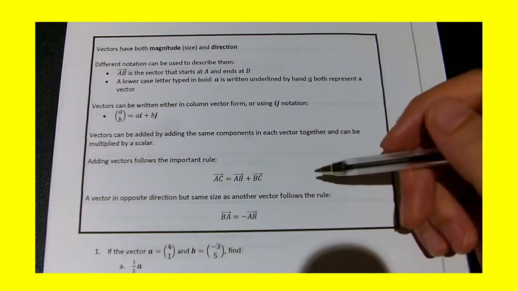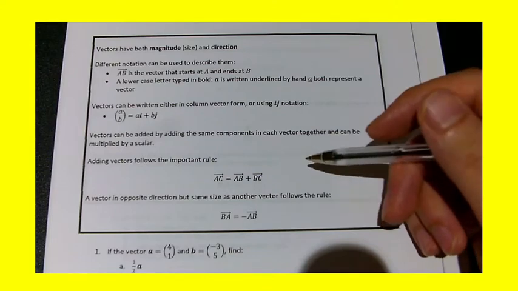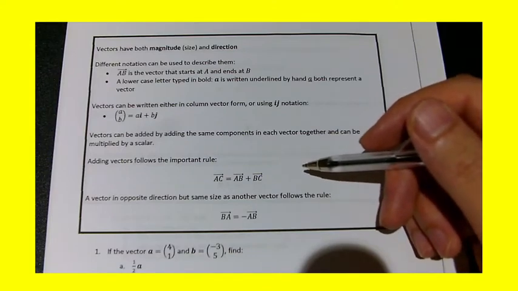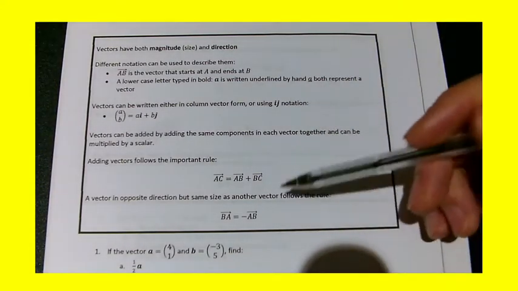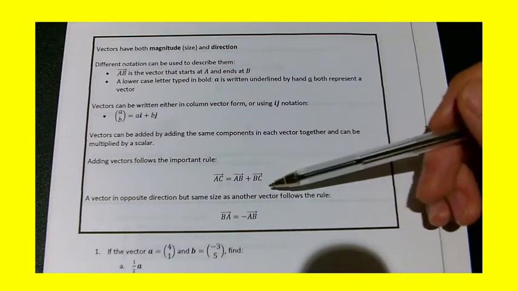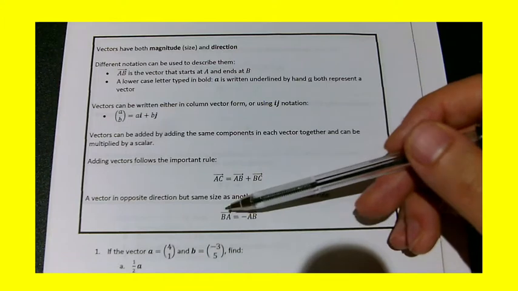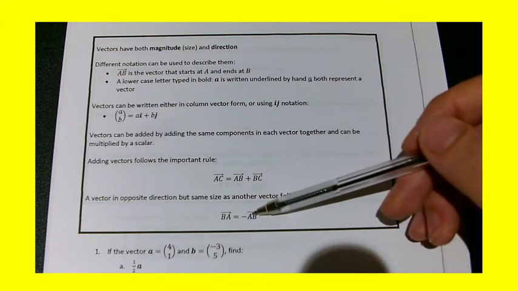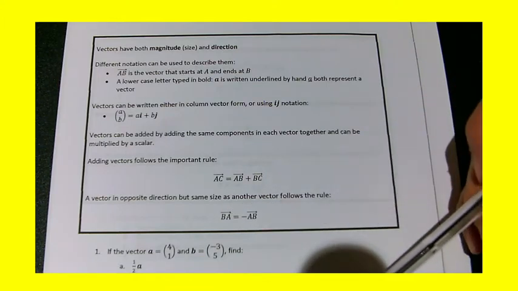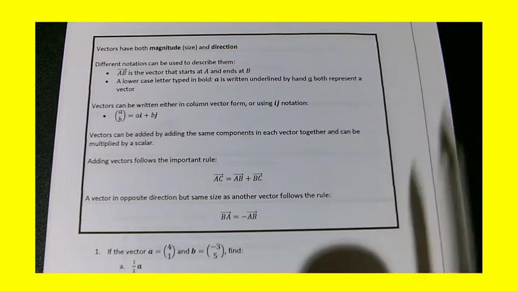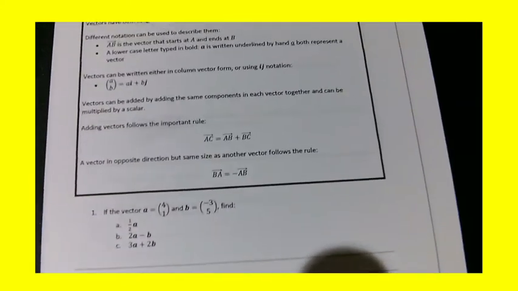So basically, you can use vectors to find routes from one point to another. A vector in the opposite direction but same size follows this rule. So if you've got point B and point A, and you've got vector BA, that is equal to minus vector AB. Okay, so there are some basic things.